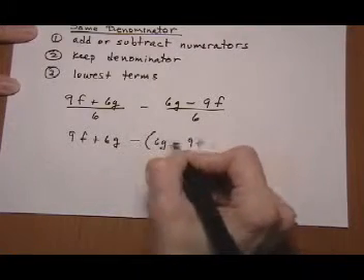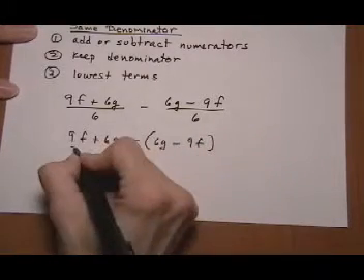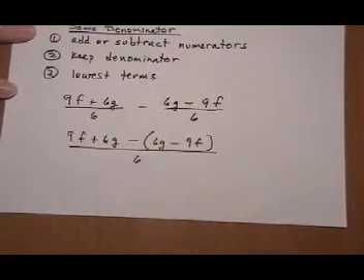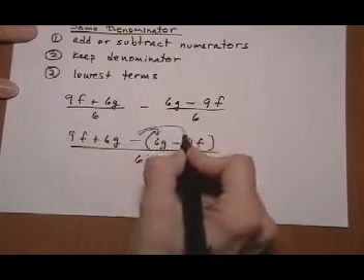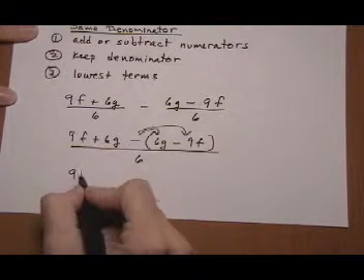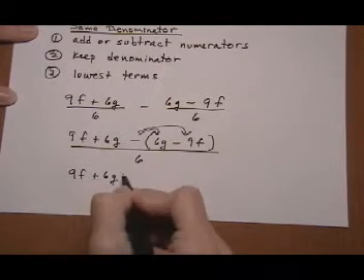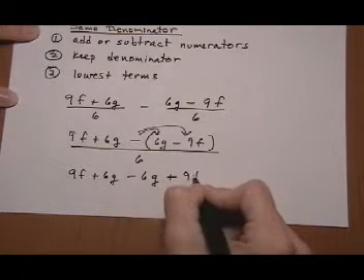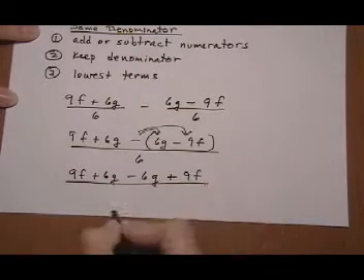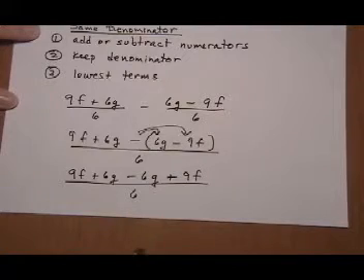Otherwise I might forget to distribute my negative sign. Keep the denominator. And then we go ahead and distribute.